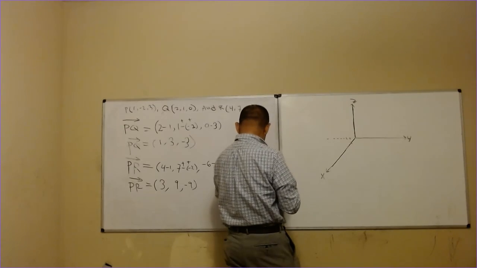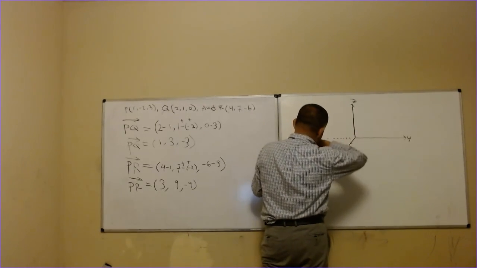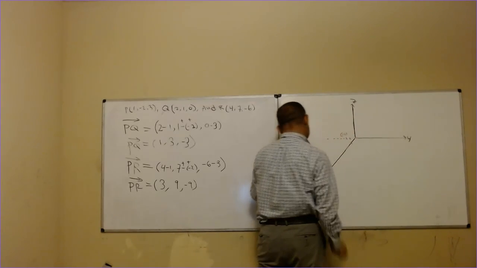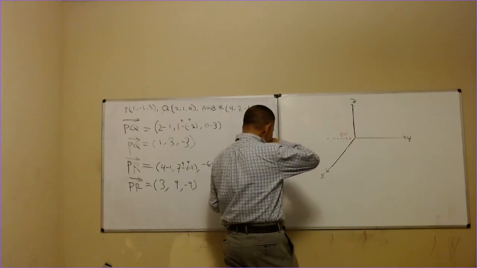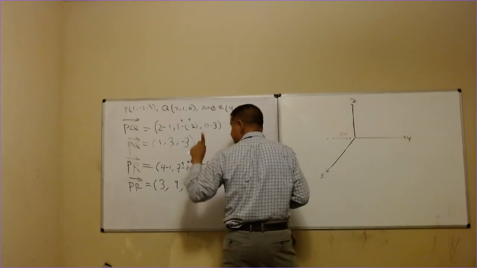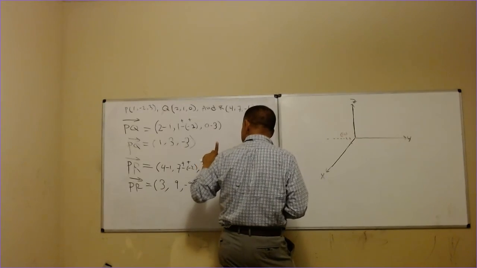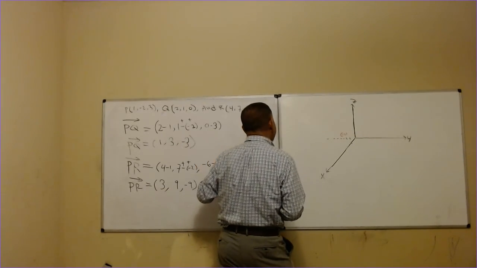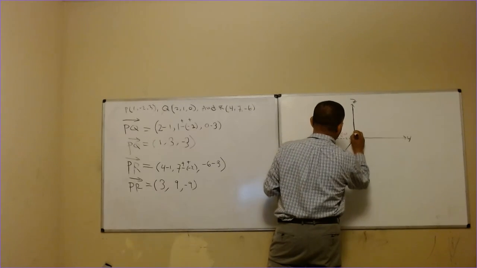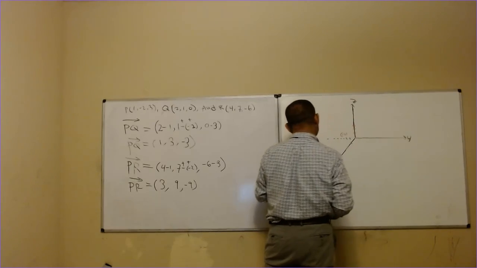So let me see if I can actually get a marker. So this is negative 2 on the y-axis, right? Now, from that point, I will have to go up 3 units. 1, 2, 3.